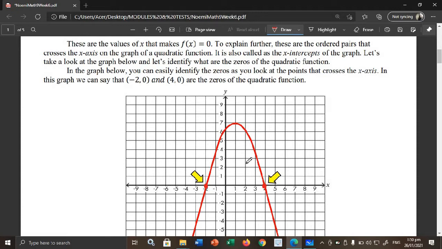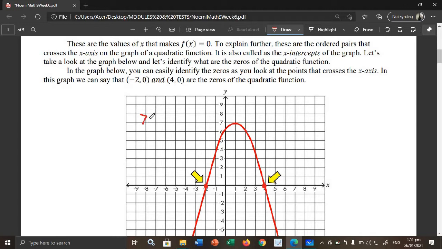So, we can actually get the zeros without doing anything, just observing. So, yung zeros of this quadratic function, given na yung graph niya, are -2 and 4. So, yun yung zeros. These are the points that cross the x-axis.